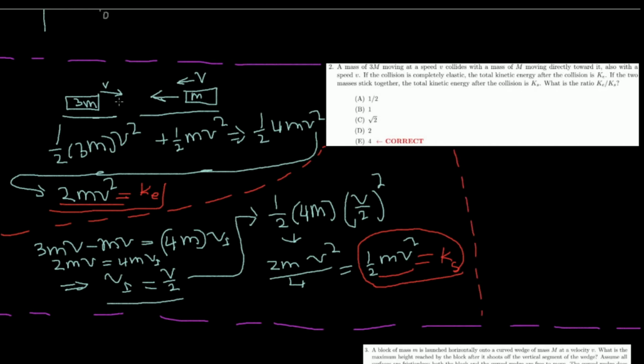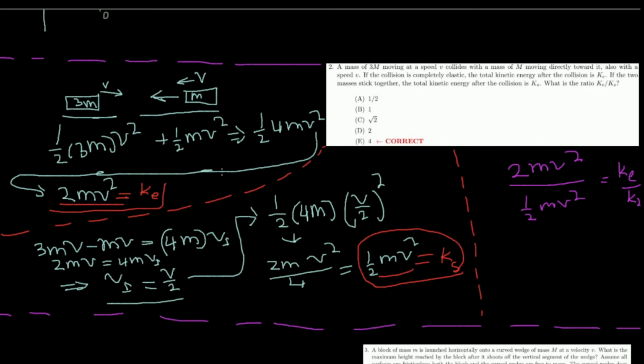So now essentially we just have to divide these two things. We need to divide KE by KS. So that's just 2mv squared divided by half mv squared equals KE over KS.